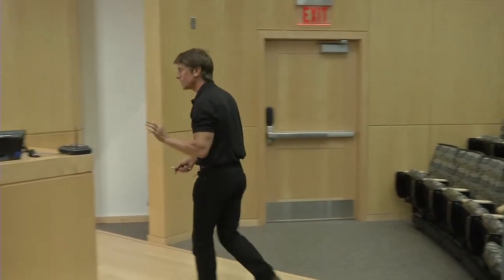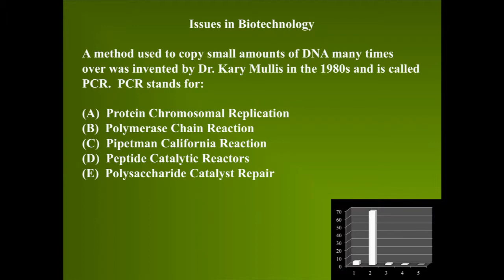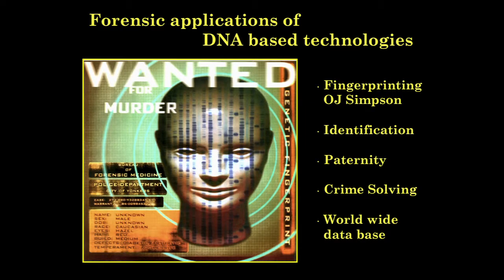And that's how forensics is done, using that piece. But if I want to, I can copy anything. Anything. It's a method for rapidly copying DNA. And that's Kary Mullis in the 1980s did that. And that's now used in forensics, and I'll go over that again when we talk about forensic applications.